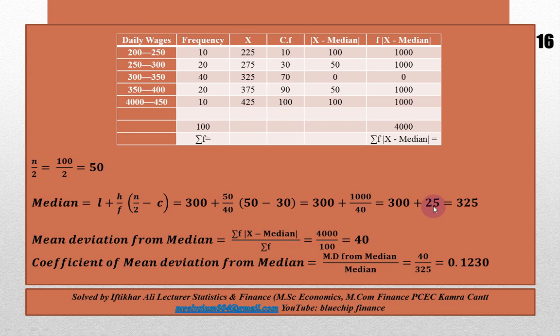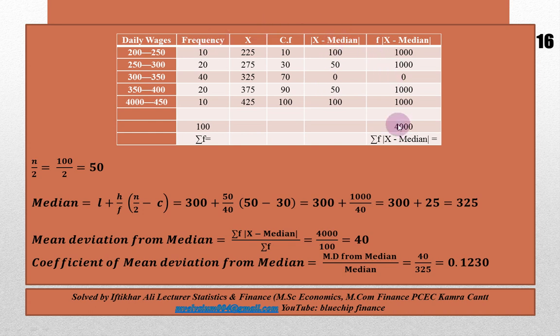So median is 325, and after that we will first subtract the median from each x value: 225 minus 325, 275 minus 325, 325 minus 325, and so on. After that we multiply this x minus median with the respective f.